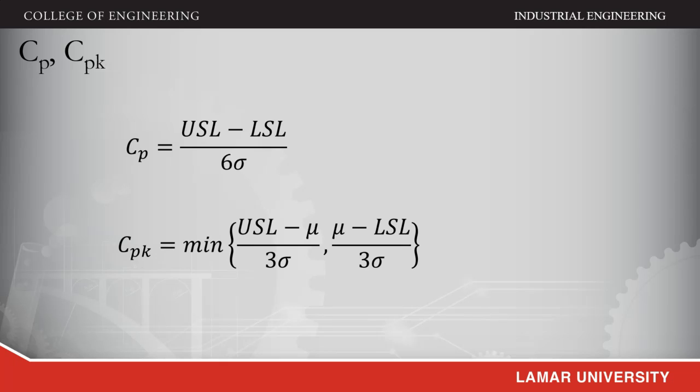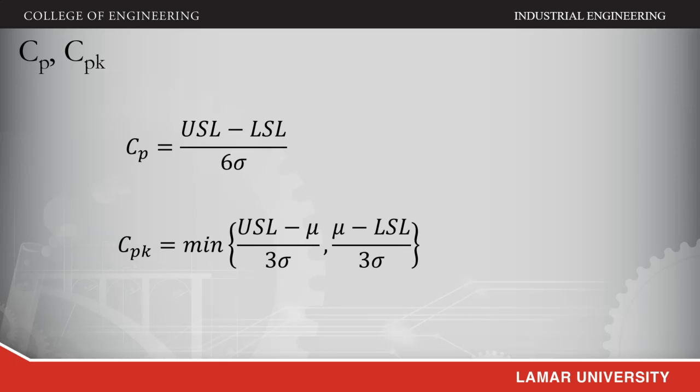It's not a probability, and I cannot count the measure of how many defects I will have just by looking at the CP. I would need to actually do the computations using a normal distribution, and for that matter, I still, with CP, do not have a centralized measure.